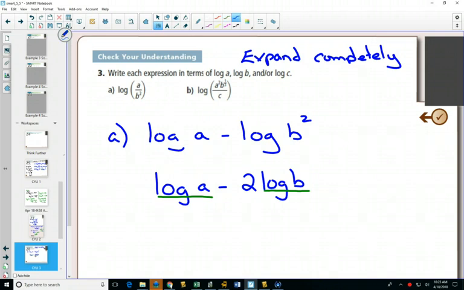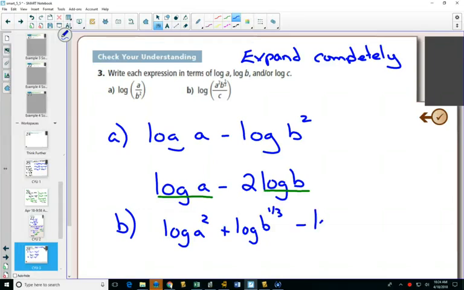So in B, I have a bunch of things. And this is where the shortcut that we did before will work for this as well. When you have a fraction and things multiplied inside that fraction, everything in your numerator, so the A squared and the B cubed, well, those will be added, and whatever's in your denominator, which is the C, that will be subtracted.